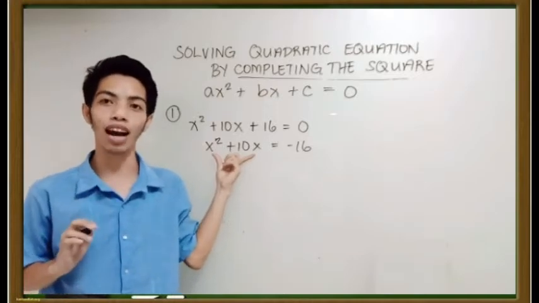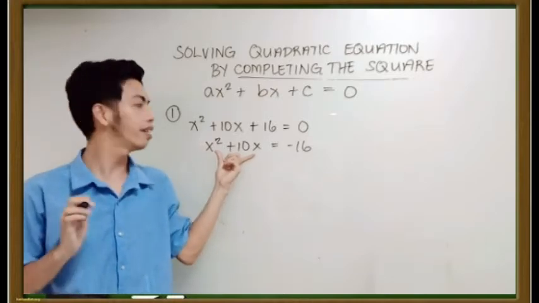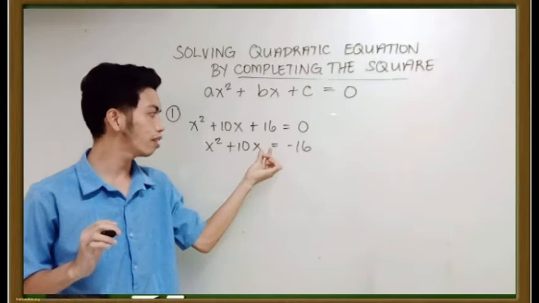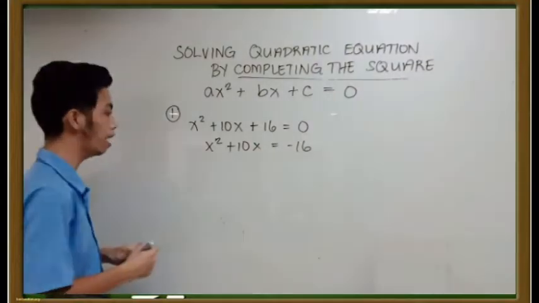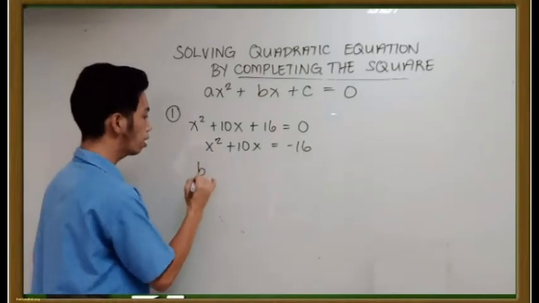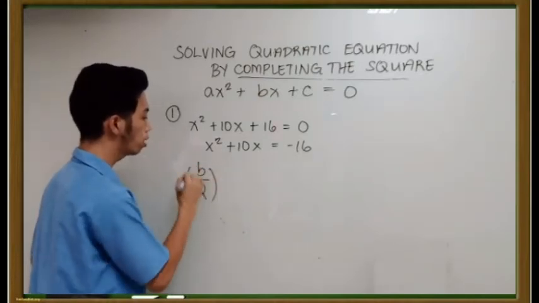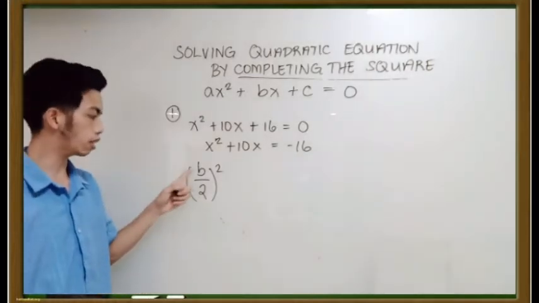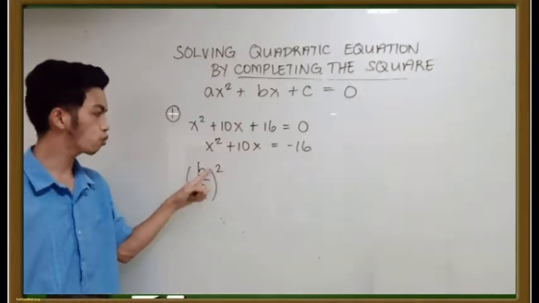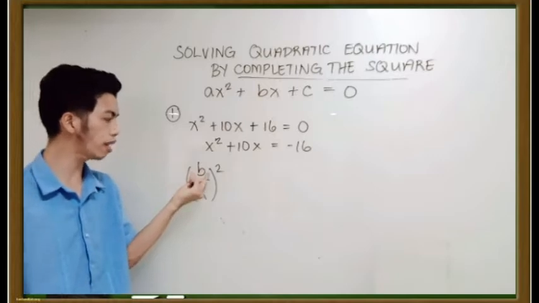Meron tayong formula sa pagkuha ng third term dito sa kasunod ng 10x. Ang formula dyan is b divided by 2 square. Okay? The formula is b divided by 2 square. Now, how to determine the b?